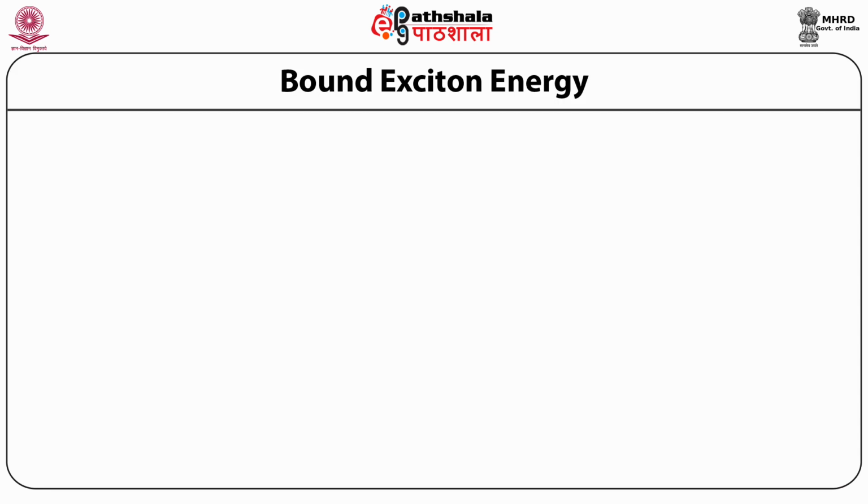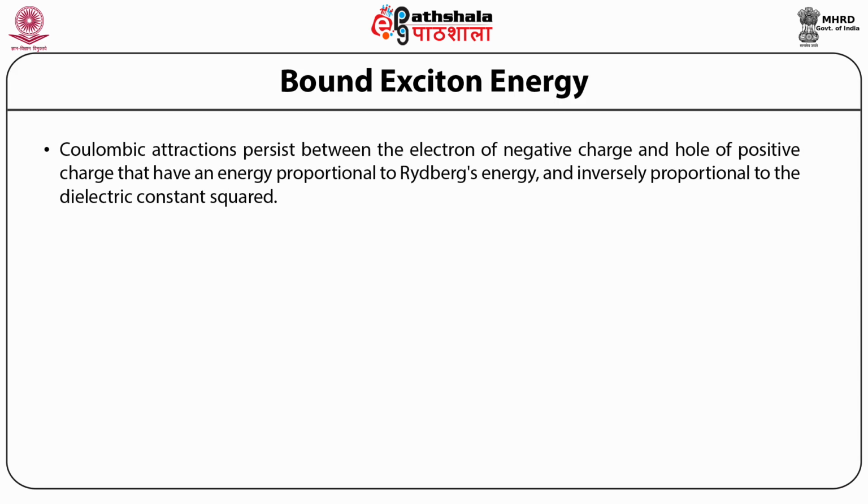Now the next term is bound exciton energy. The Coulombic attractions occur between the electrons having negative charge and holes having positive charge. The energy of these attractions is directly proportional to the Rydberg energy and varies inversely with the square of the dielectric constant.